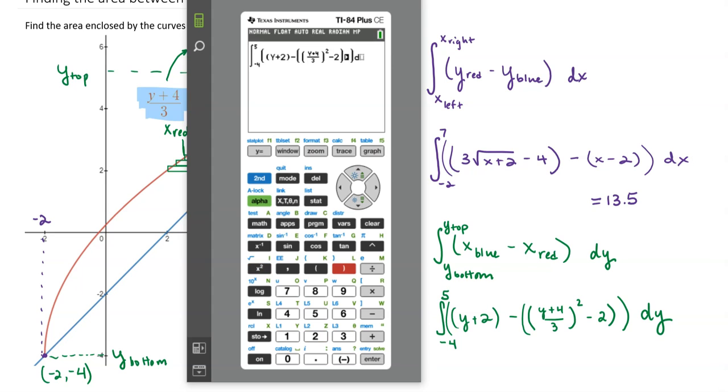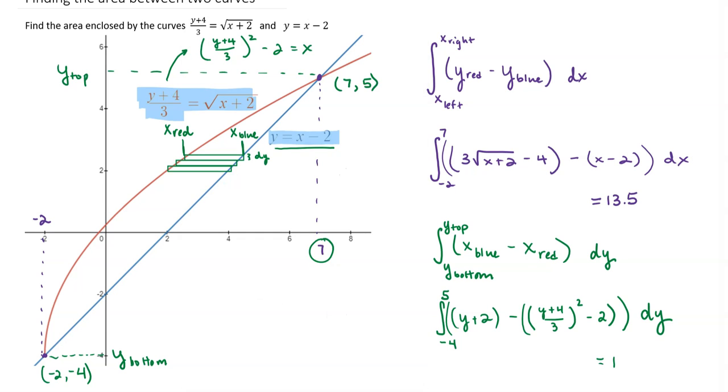I think I need one more parenthesis. And then dy. And we get 13.5, which is what we were hoping for, because we know the area shouldn't depend on the way we calculate it.